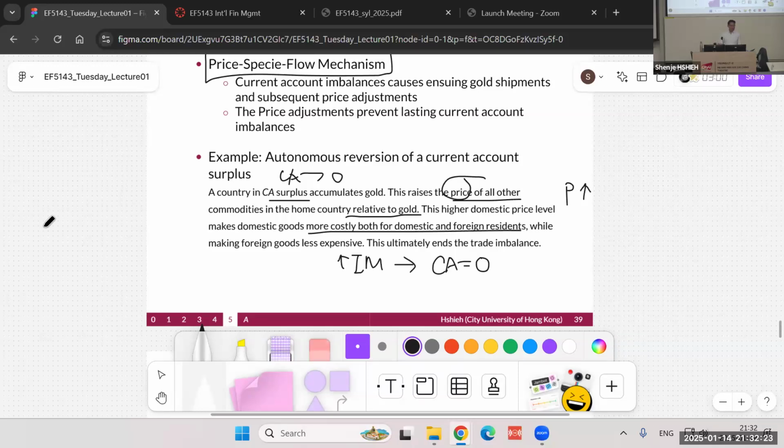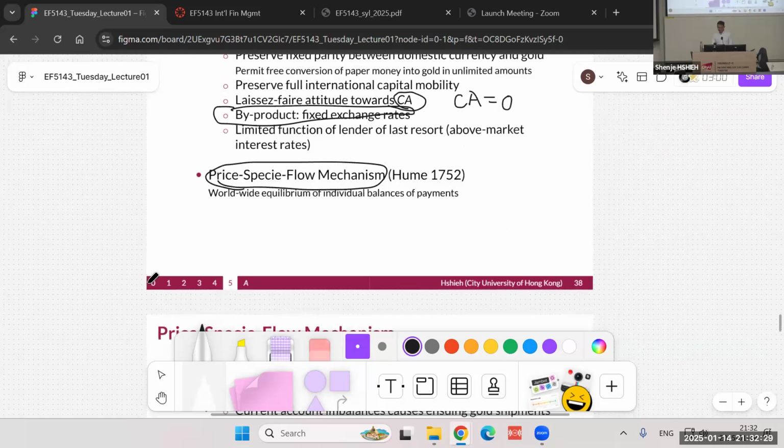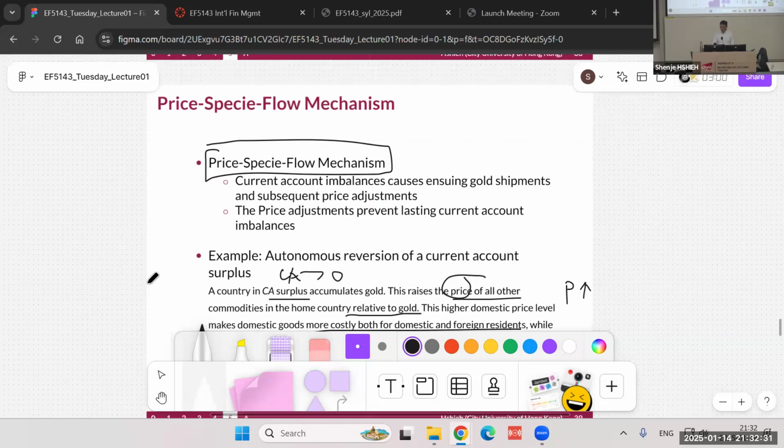Good. Comments, questions? So this may be confusing, so maybe I'll reiterate again what's going on here, okay? So the question is, is the gold standard sustainable and maintainable?